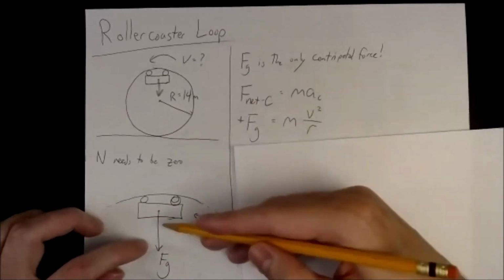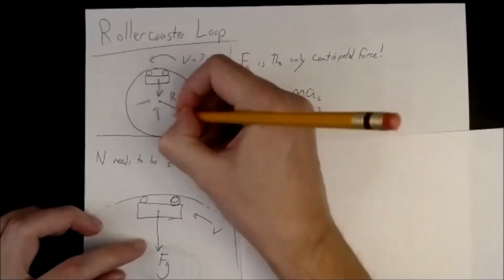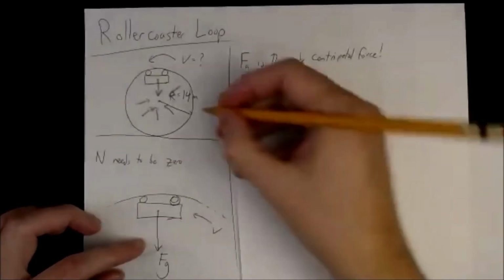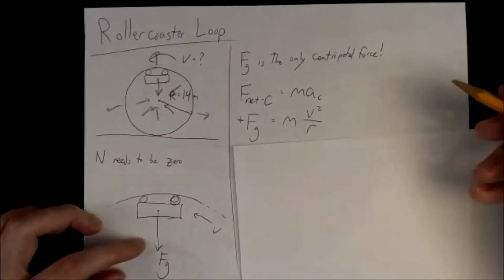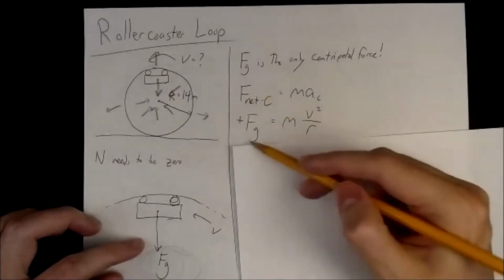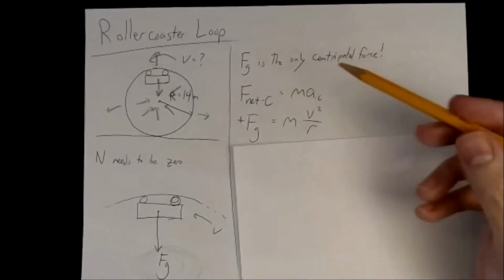Even if it's pointing down, towards the center, no matter where you are, towards the center is going to be the positive force. Away from the center would be negative, but we're pointing towards the center, so our force of gravity is going to be listed as a positive force because it is towards the center.